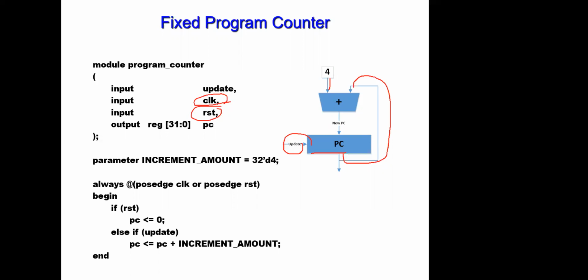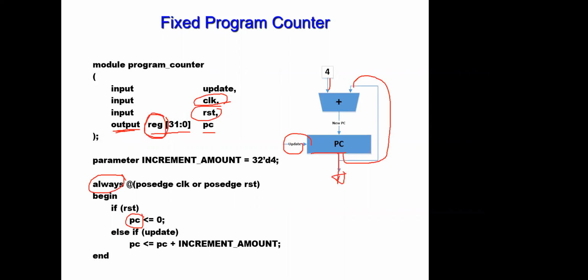And the output of this program counter, how many bits is it? It's basically 32 bits, and that's why I'm defining my output as 32 bits. I have defined it as a register here because I have an always block and the PC is on the left-hand side inside my always block, as I described earlier in the slide. That's why I have to define this as a register.